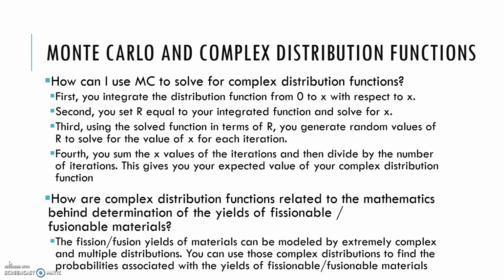Second, you set r equal to your integrated function and solve for x. Third, using that solved function in terms of r, you generate random values of r to solve for the value of x for each iteration. Fourth, you sum the x values of the iterations and then divide by the number of iterations. This gives you the expected value of the distribution function.